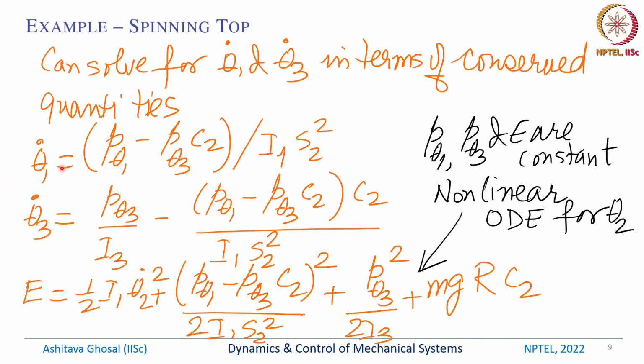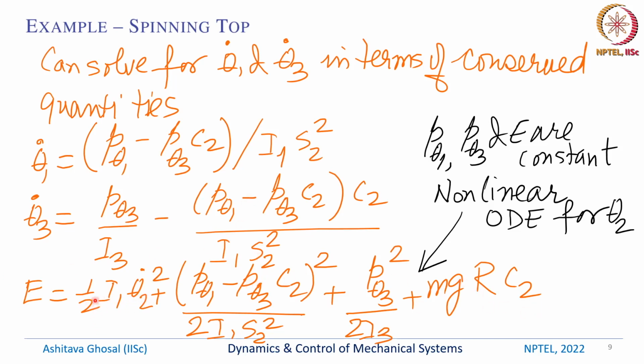And then we can substitute theta 1 dot and theta 3 dot in the expression for the energy. Remember, energy had all these terms of theta 1 dot, theta 2 dot, and theta 3 dot. So then we can get rid of theta 1 dot and theta 3 dot in the expression for energy and write an expression of energy, which is the sum of the kinetic plus potential energy, only in terms of theta 2 dot and theta 2.